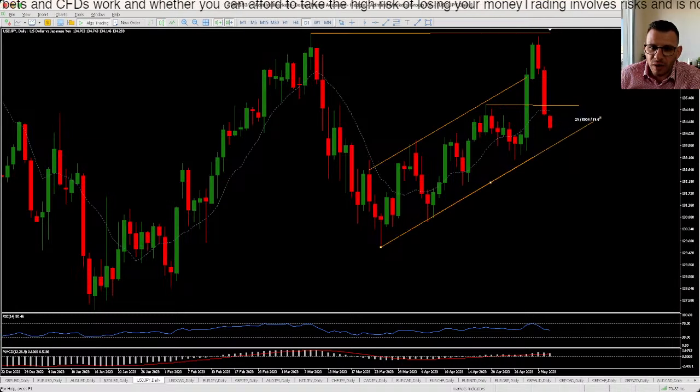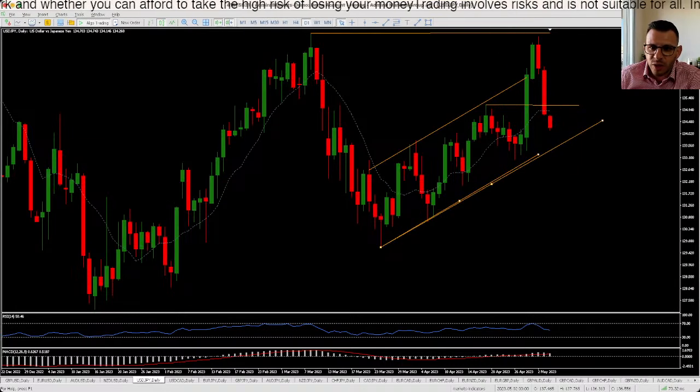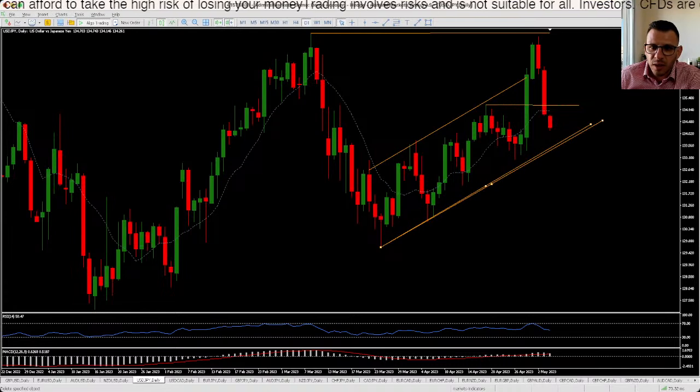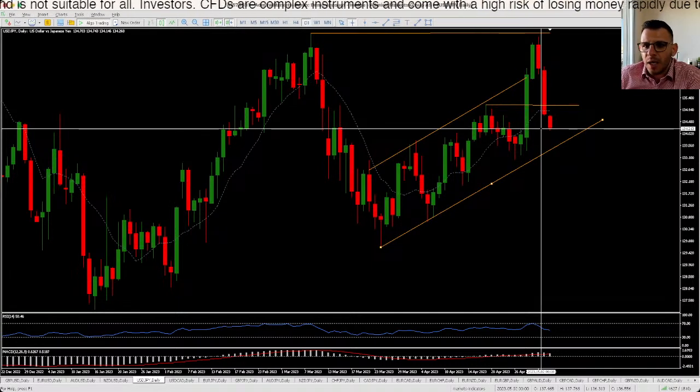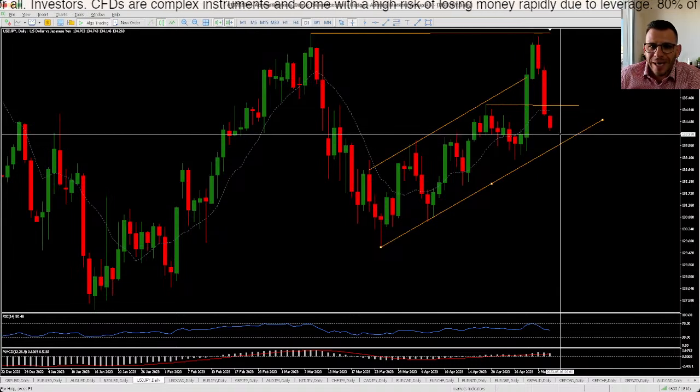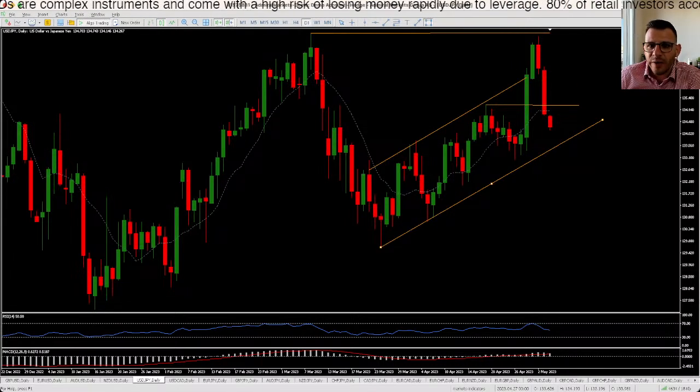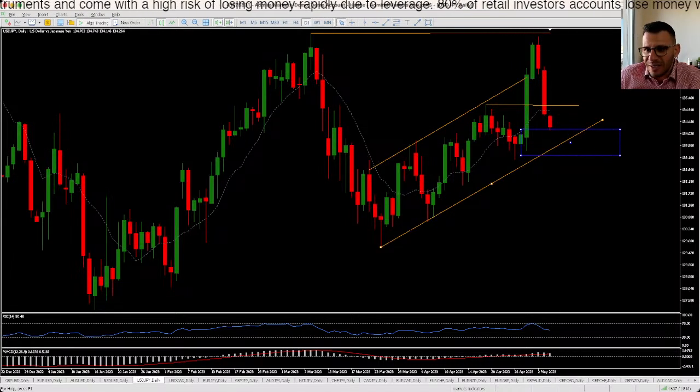We are still bullish, to be honest, in this one, and the reason is because we don't have a lower low and a lower high. The price now is at an area of support.